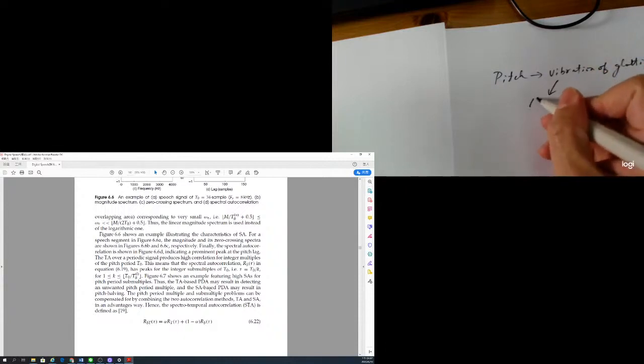So if you are from the 8 kilohertz sampling rate, there will be around 8 samples to 160 samples. So we try to find the pitch from the time domain.